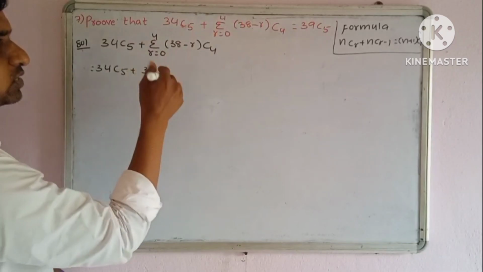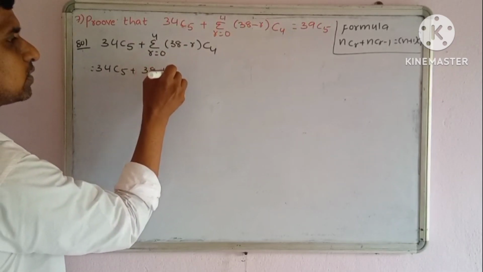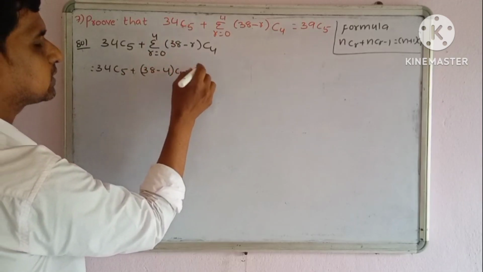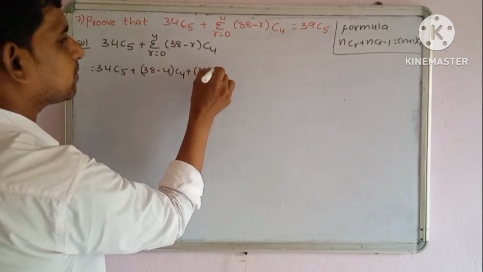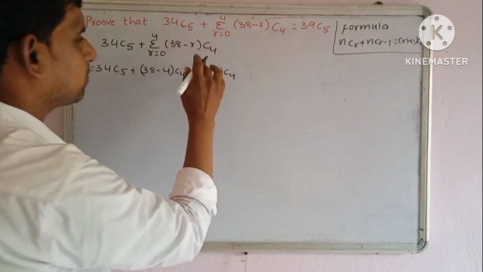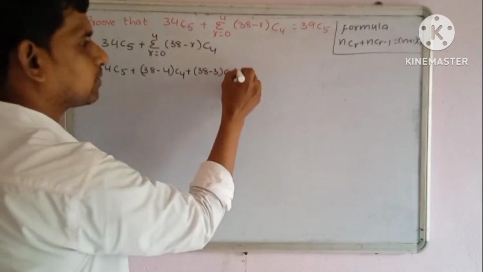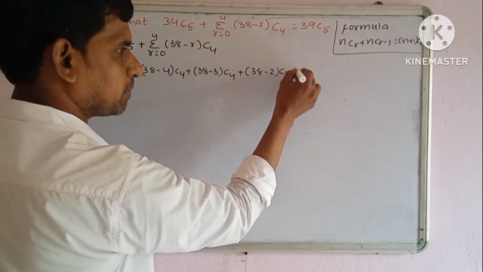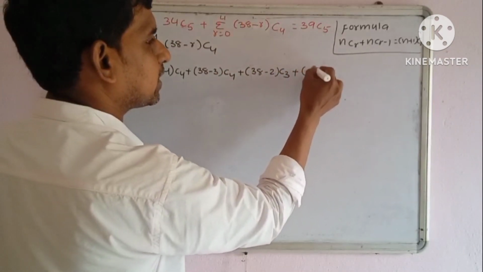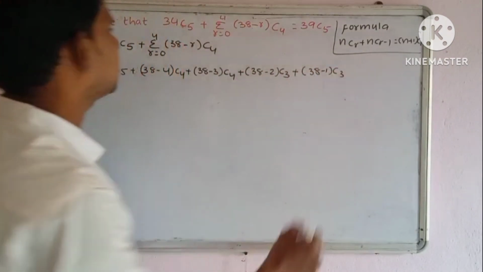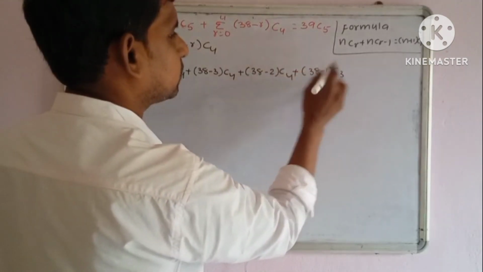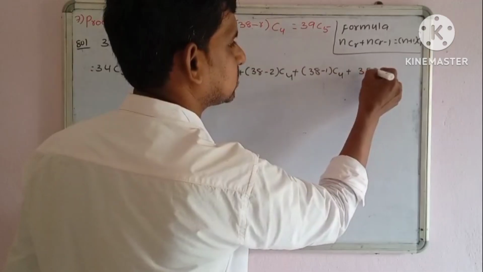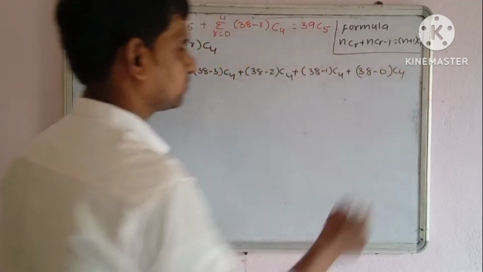So for our convenience, 38 minus 4, first r equals 4, C4 plus 38 minus 3, C4 plus 38 minus 2, C4 plus 38 minus 1, C4 plus 38 minus 0, C4. Sigma is nothing but addition.